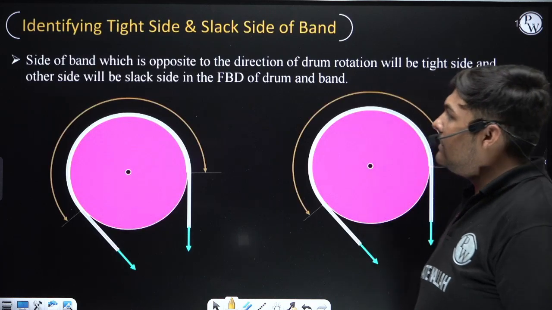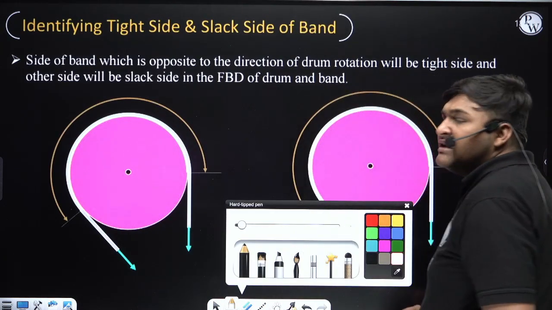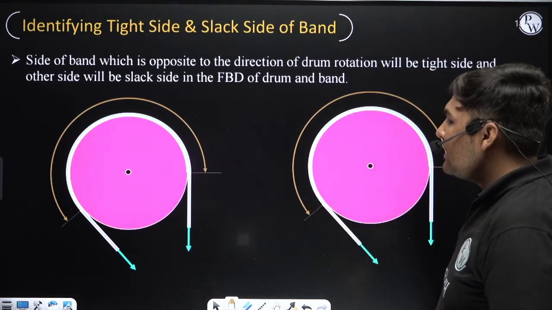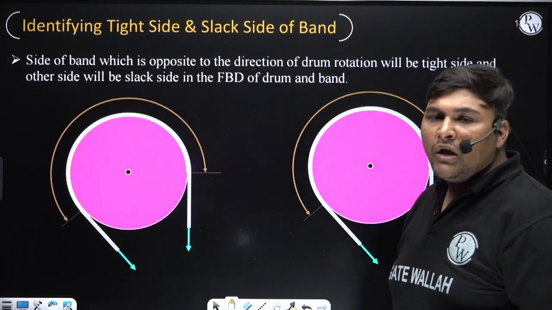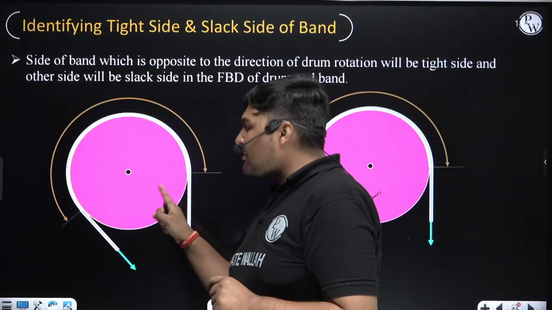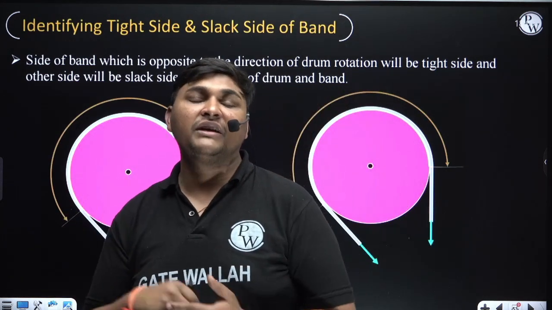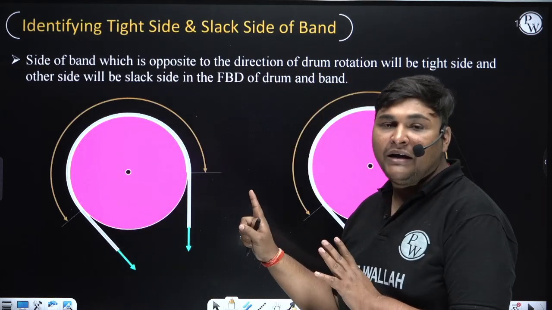Okay. Now, before starting the analysis of simple band brake or differential band brake, first we need to understand that this band is in tension. It is clear. But there is friction between drum and band, definitely, because we want high friction here. In that case, the tension on both sides of the band cannot be the same.